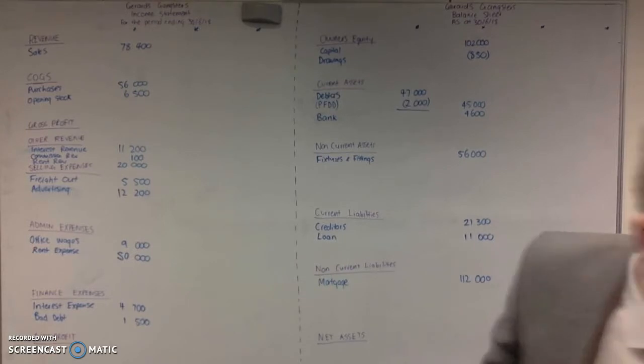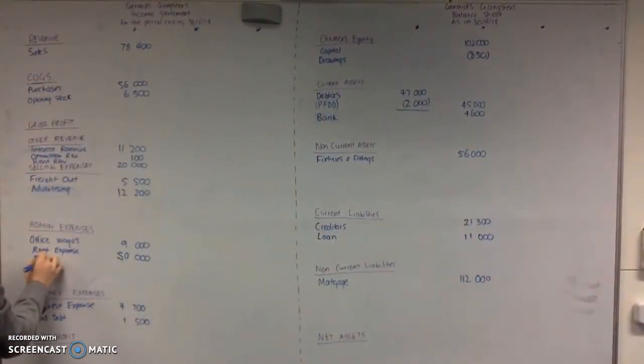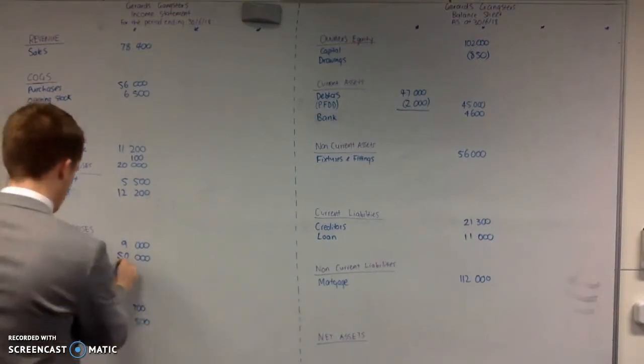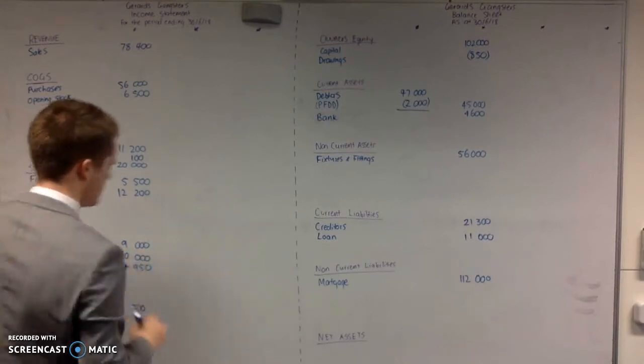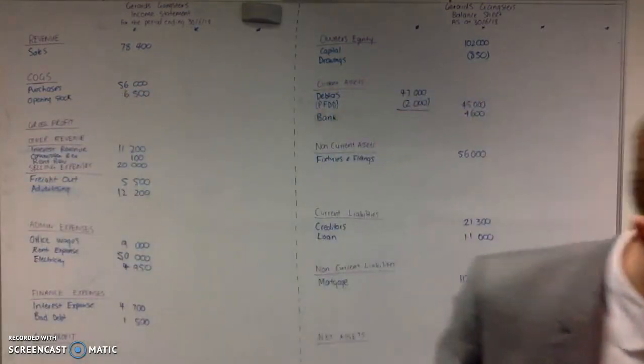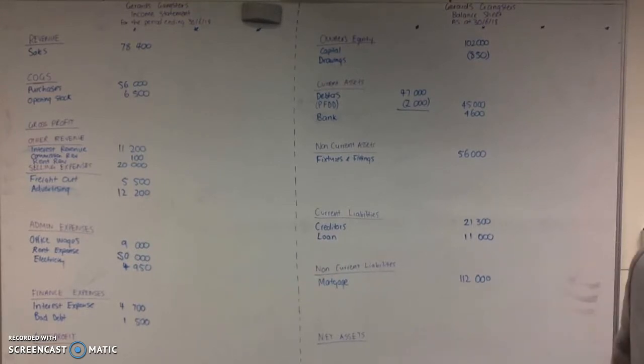Electricity expense. It's an admin expense. Electricity, 4,950. Office furniture, 46,350.